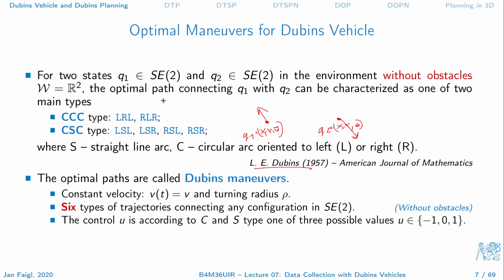And furthermore, without obstacles, that's the important part, we have basically two types of maneuvers. So what we need is to make a turn along the minimum turning radius. Then we can go straight, and then we can turn. So it will be like this in this case, let's say.